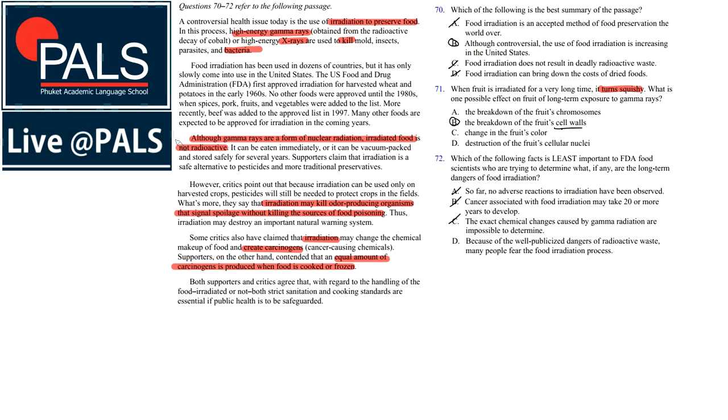This is actually the important statement that we have to take from the text: although gamma rays are a form of nuclear radiation, irradiated food is not radioactive. So the irradiated food has nothing to do with radioactive waste. It's not radioactive. Therefore, this fear in the population is nothing important to study the long-term effects of irradiated food.